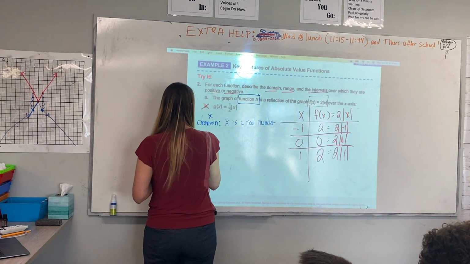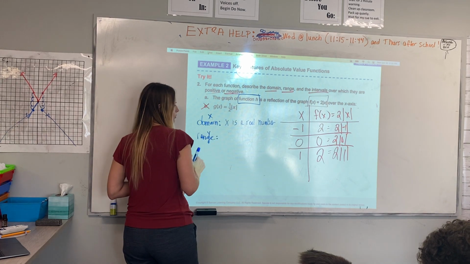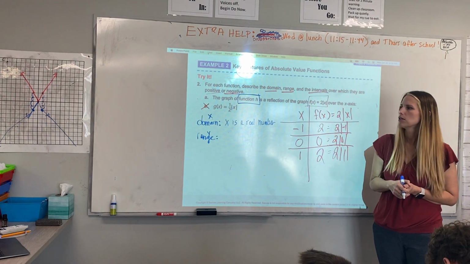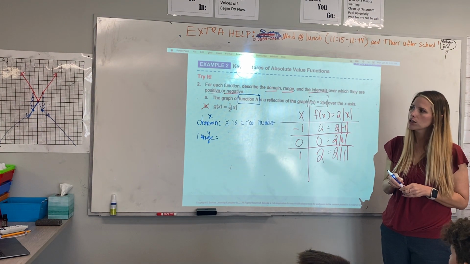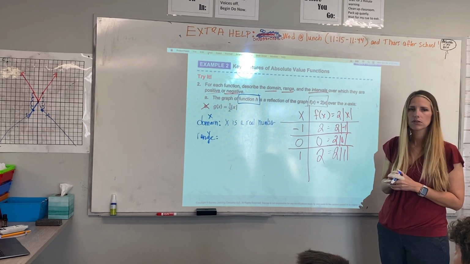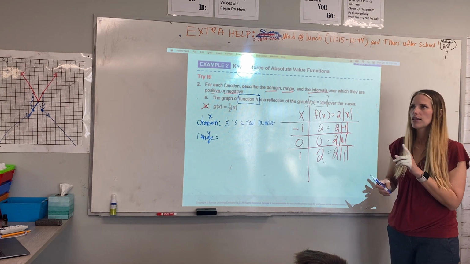What about the range? What do we think of when we hear range? The y. Yeah, the y's. So can the range also be all real numbers? That's a good one. I was gonna say yes, but it might be no because it's only on the 0.